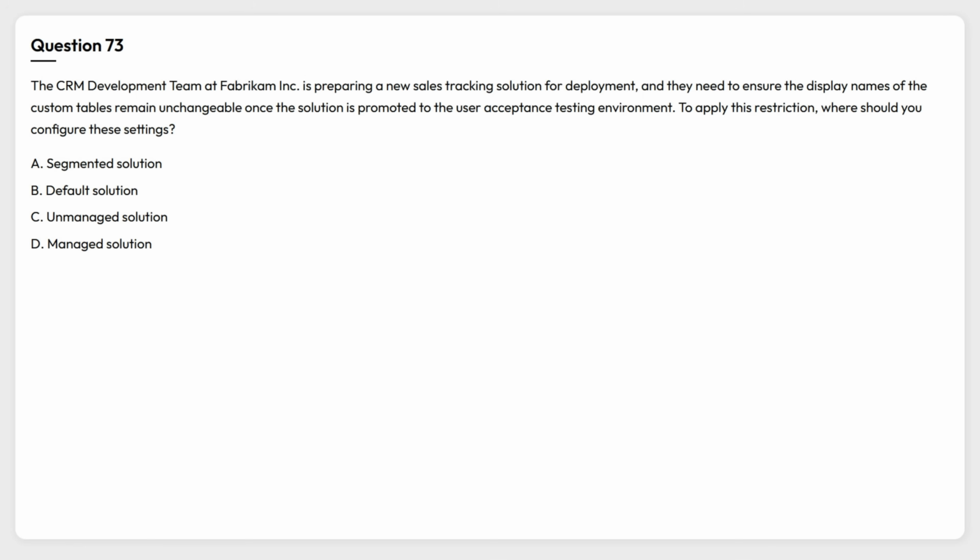Question number 73. The CRM development team at Fabricam Inc. is preparing a new sales tracking solution for deployment, and they need to ensure that display names of the custom tables remain unchangeable once the solution is promoted to the user acceptance testing environment. To apply this restriction, where should you configure these settings?